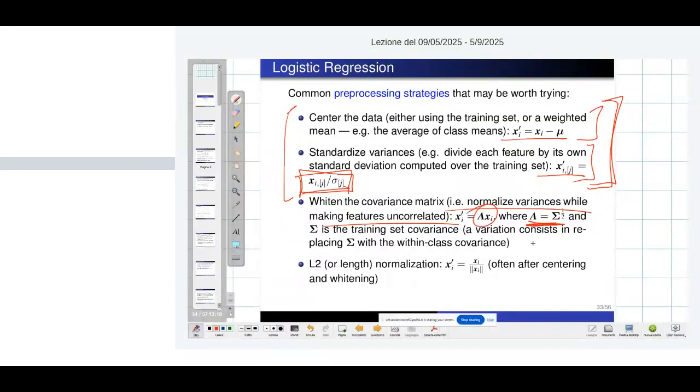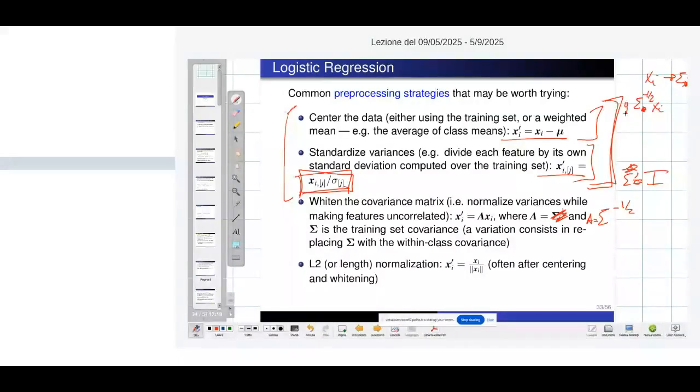Here there is a mistake: here it is not sigma minus 1, but sigma minus 1/2 A, where we transform our data so that the transformed data will have a covariance matrix sigma prime that is the identity. So we start from our xi, which have a covariance matrix sigma. If you apply the transformation, not I, sigma, just sigma.